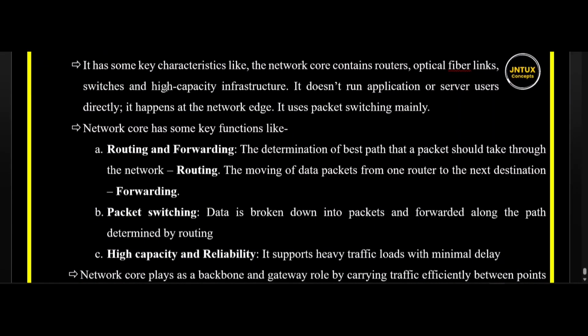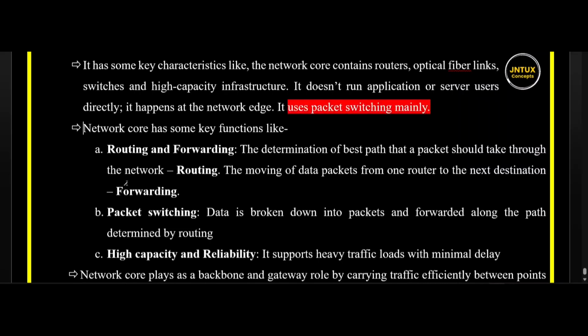It has some key characteristics. The network core contains routers, optical fiber links, switches, and high capacity infrastructure. It doesn't run application or user servers. That happens at the network edge. It uses packet switching mainly.